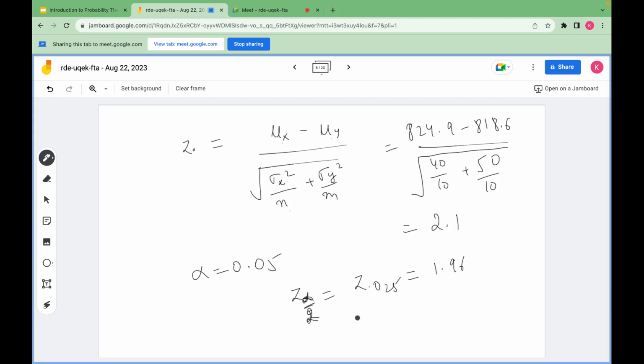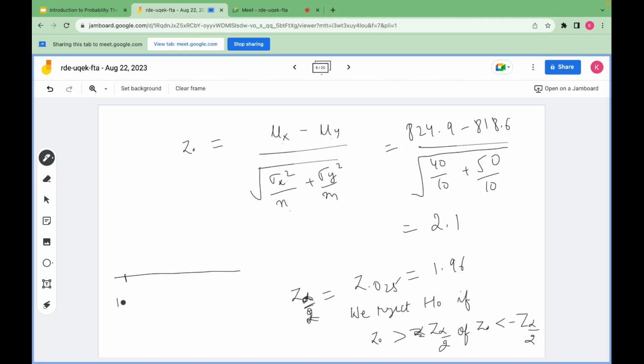We reject H naught if our z naught is greater than z alpha by 2, or z naught is less than minus z alpha by 2. So we are seeing whether this is minus 1.96 and this is 1.96.